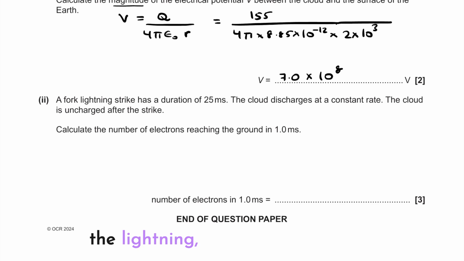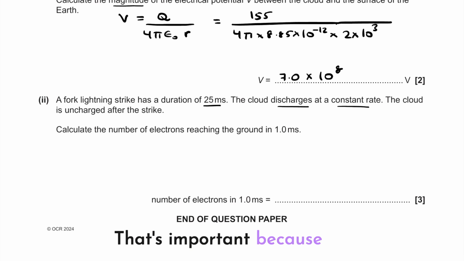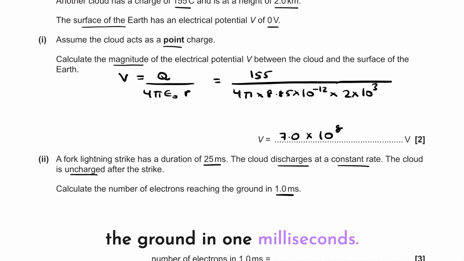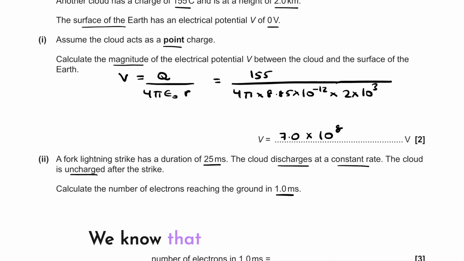The lightning strike has a duration of 25 milliseconds, and the cloud discharges at a constant rate. That's important because it's not exponential, and the cloud is uncharged after the strike. We need to calculate the number of electrons reaching the ground in 1 millisecond. We know that current is equal to Q over t.